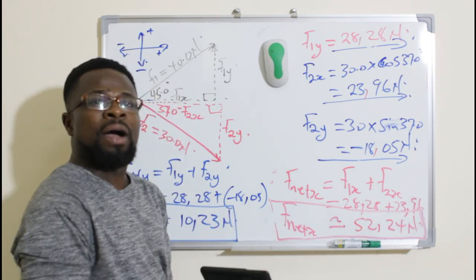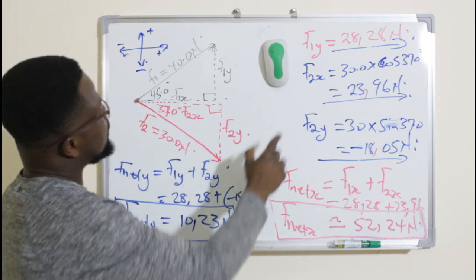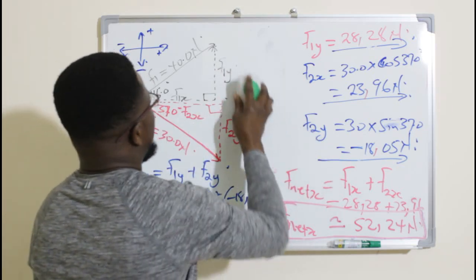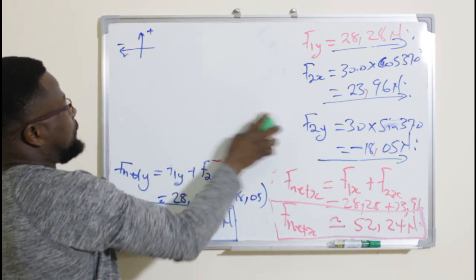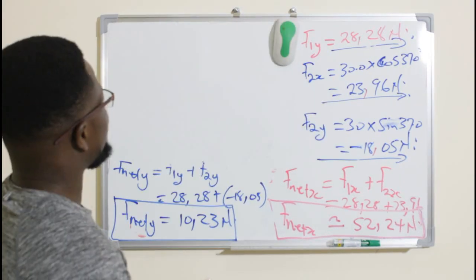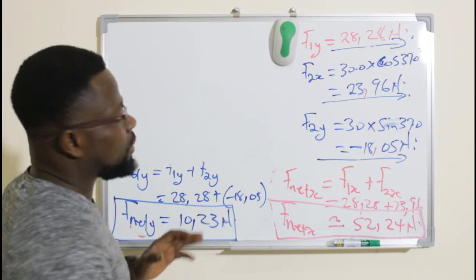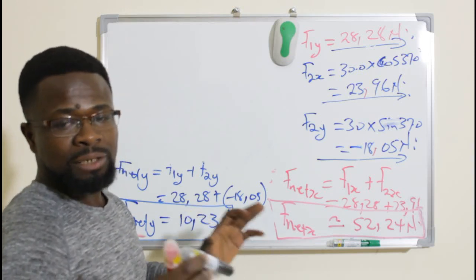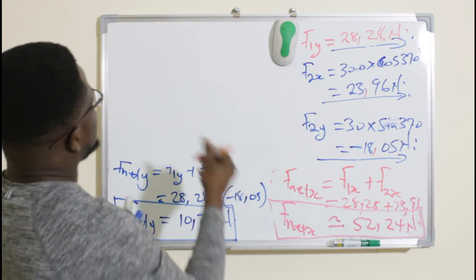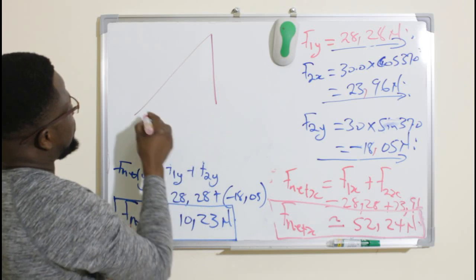Now I need to find the total net force. To find the total net force, I need to draw a vector diagram to solve for that. So to draw the vector diagram, I am going to have it like this.